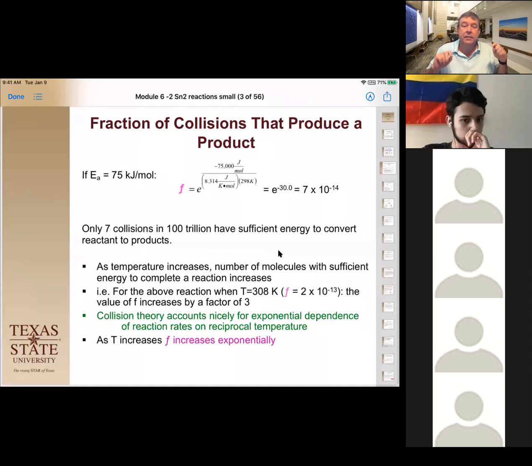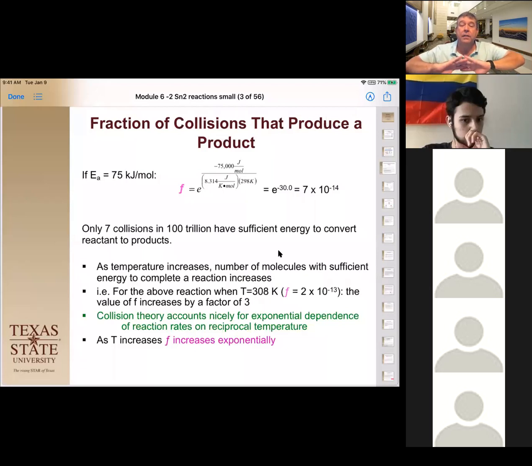If we only had 7 collisions per 100 trillion having significant energy to convert to products, what does this mean? Well, if we increased the temperature, that would significantly increase the number of collisions available to us. In this case, we're raising it 10 degrees, going from 298 Kelvin to 308 Kelvin.